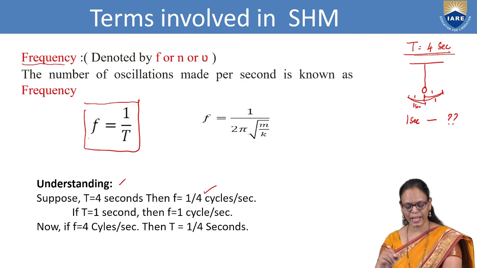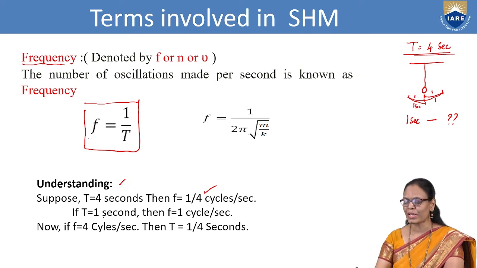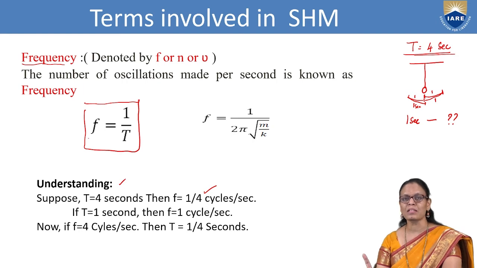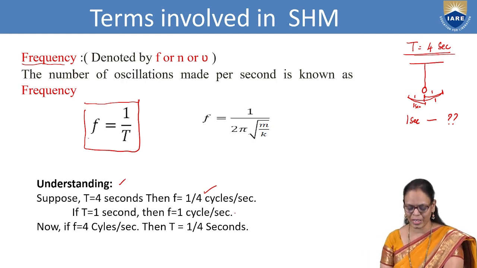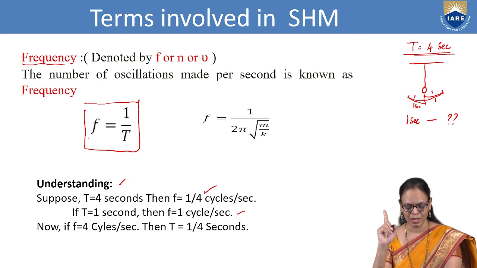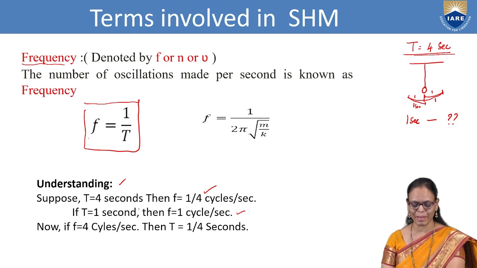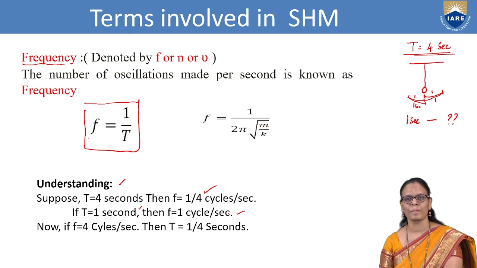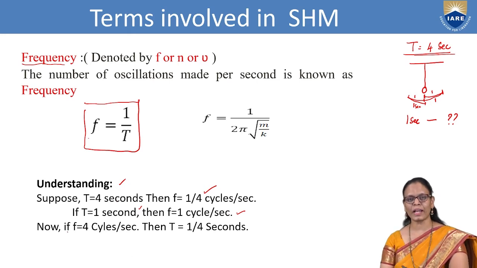Now let us take another example where the time period is 1 second. It means it is completing one oscillation in 1 second, so the frequency is 1. Because what is frequency? The number of oscillations completed in 1 second. So for 1 second, it is making one complete oscillation. So f is equal to 1. Okay. Now we'll take it the other way.